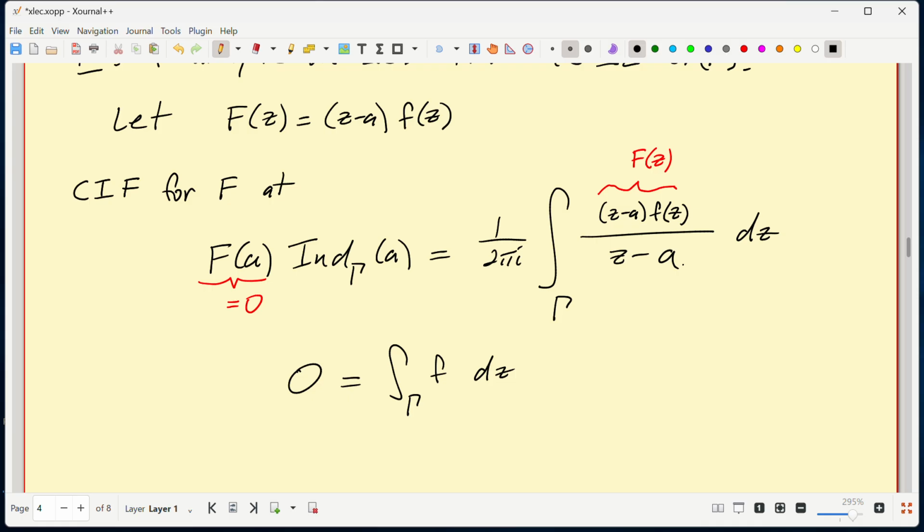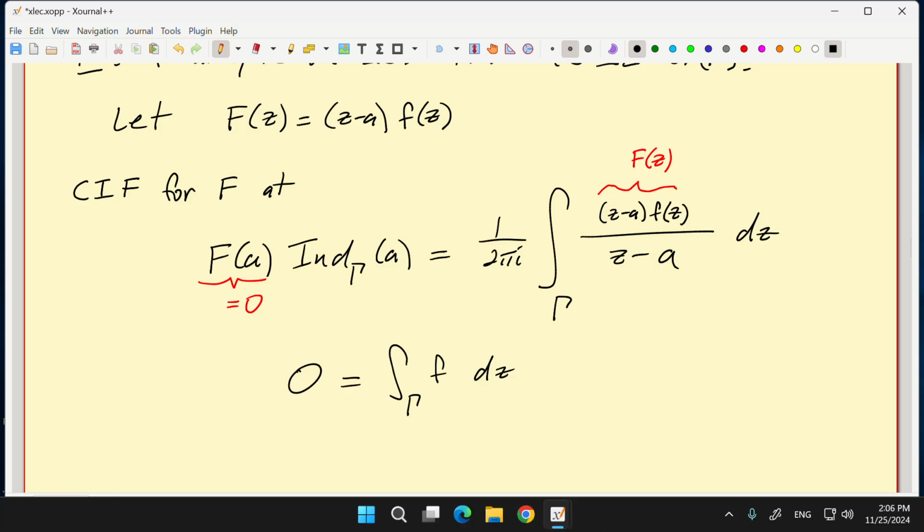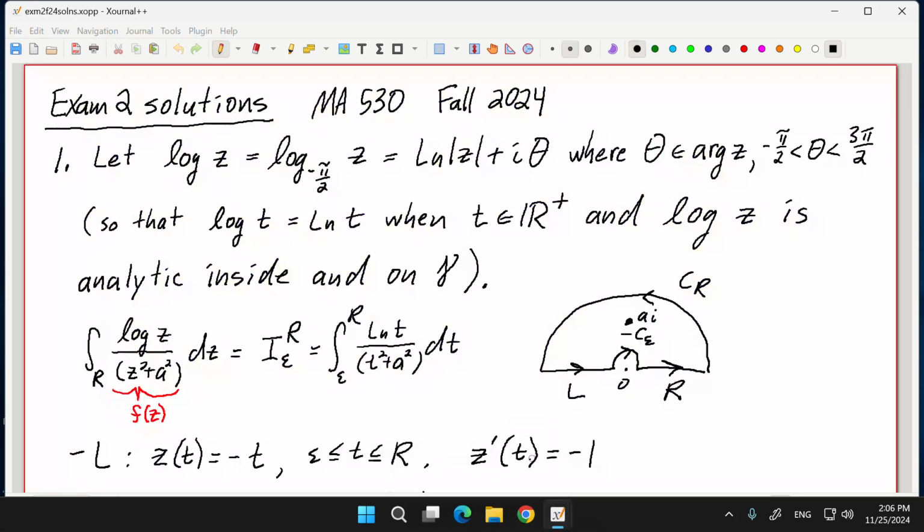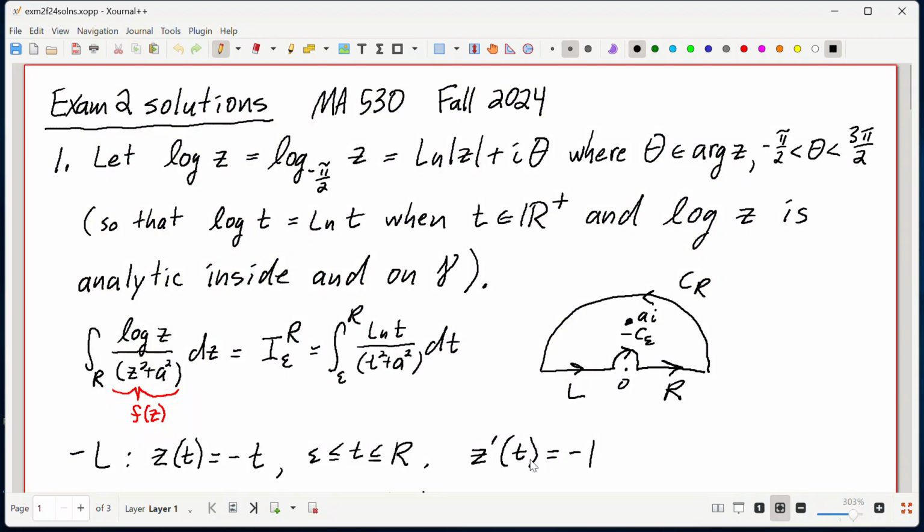Okay, I've got some time now. I can talk about the exam. So let's see, number 1, you were supposed to calculate a real integral, basically this integral here, log of t over t squared plus a squared dt, integral from 0 to infinity. That's what we want.